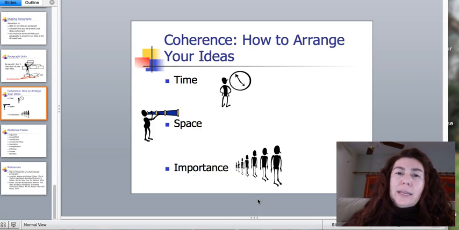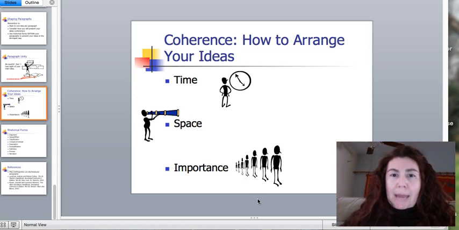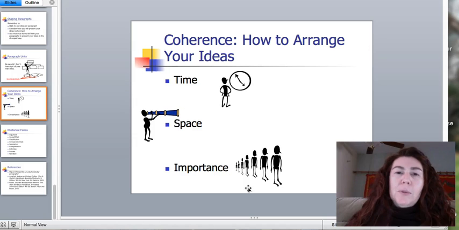Some people like to start with their smaller points, their not so important points first, and then build up to, bam, this is my biggest idea and this is the strongest support for my thesis. And other people like to start right away with hitting people hard with, this is why this is important, and then filling in later on with some less important details. So again, it's up to you.